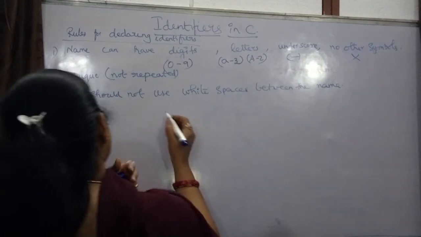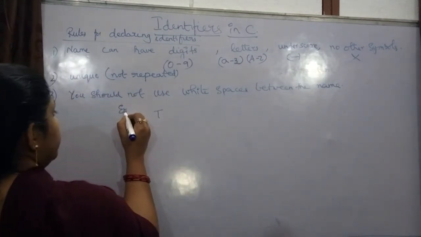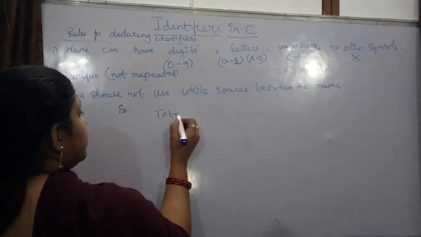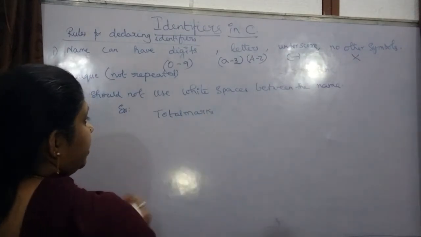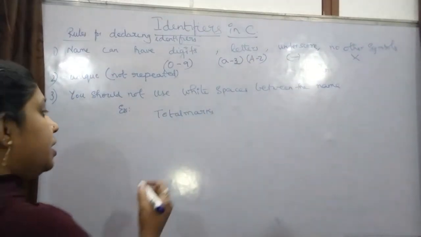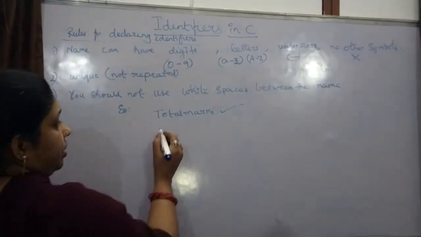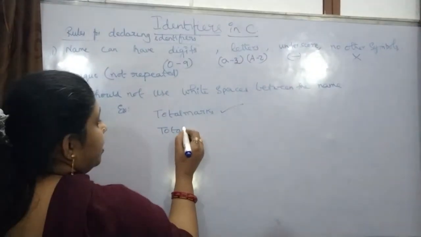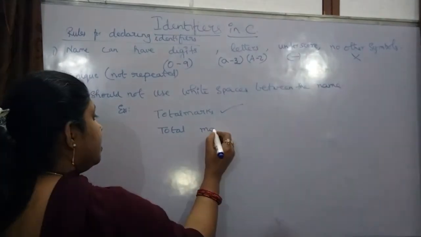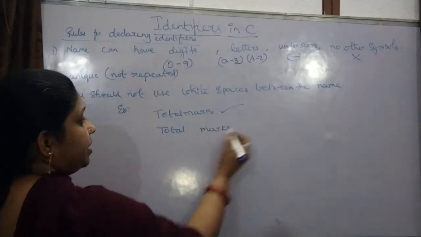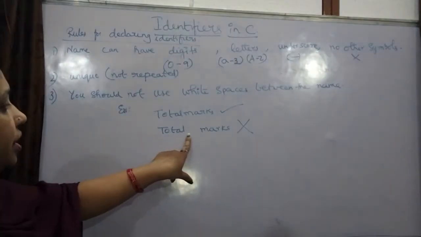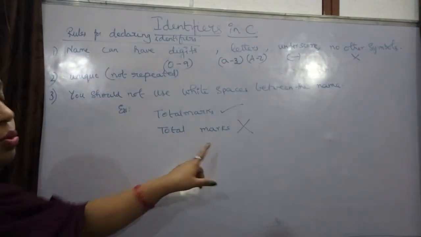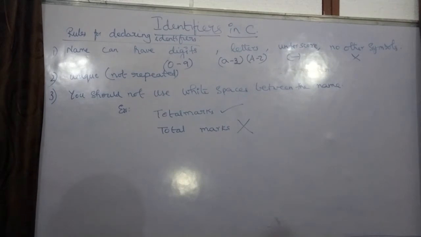How? For example, I will write the example total marks. If you declare the identifier name as total marks, this is correct. But if you write total and give a space, and then write after the space, this is wrong. So you should not give a space in between two words. So that is a wrong declaration.